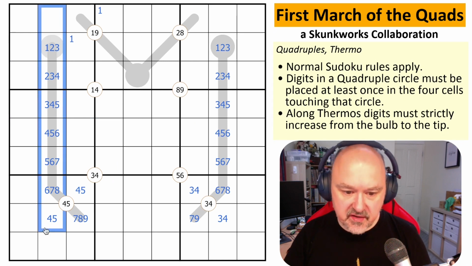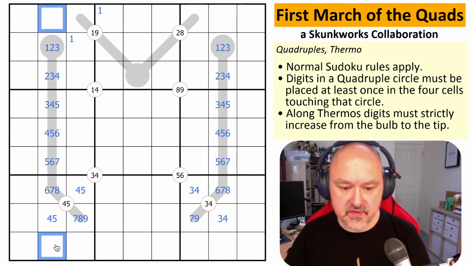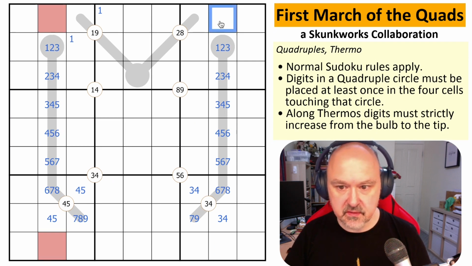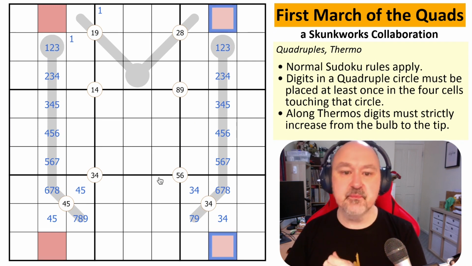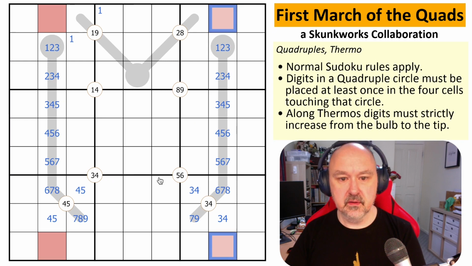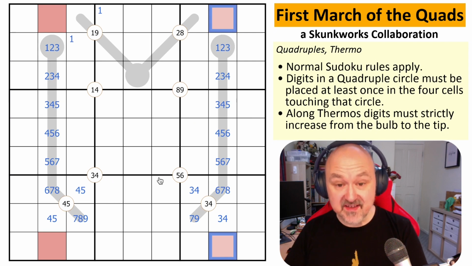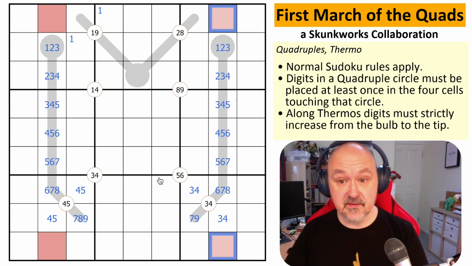Where does 9 go in column 2? 9 can only go in one of those two cells. 9 can only go in one of those two cells. That's beautiful. And because 9 can only go... That places 3 9s.